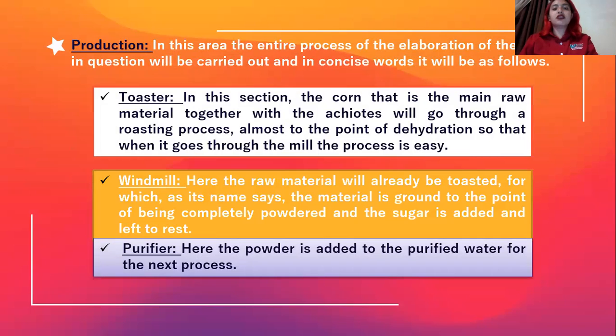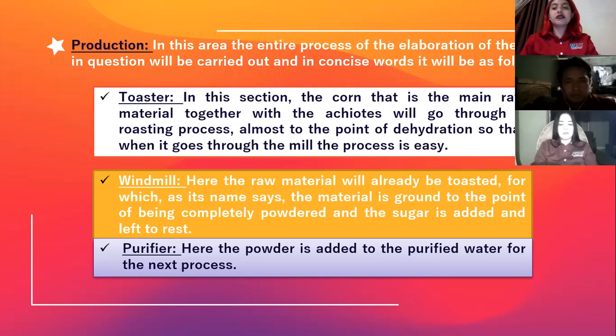Production. In this area, the entire elaboration process will be carried out in a consistent order. It will be as follows. Step one, the toaster.